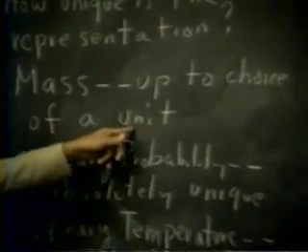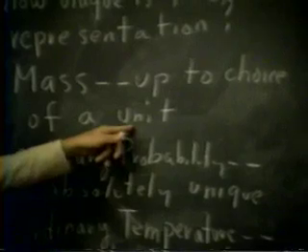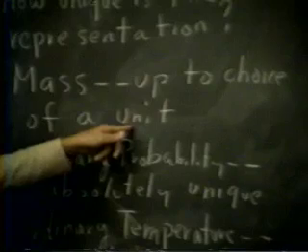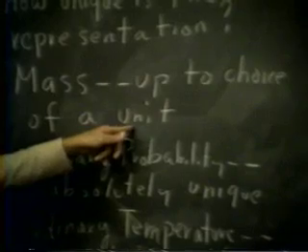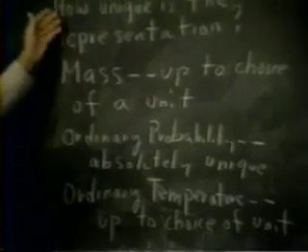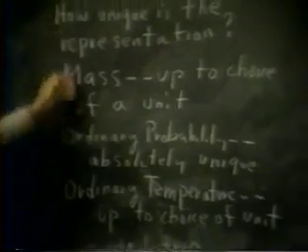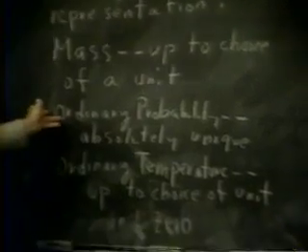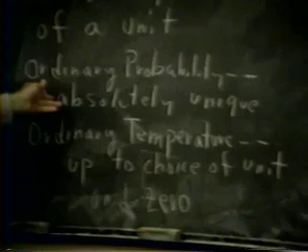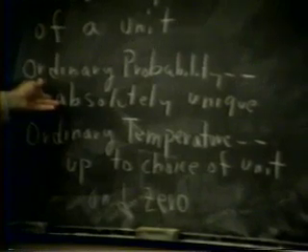We can use as the unit a gram, a pound, an ounce, etc. There is nothing in nature that tells us what that choice of unit should be. But once we've chosen the unit, then the representation is unique. Ordinary probability is absolutely unique. We have no freedom in the choice of a unit or of any other aspect of the measurement.